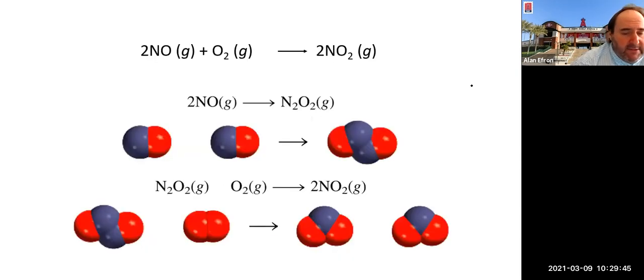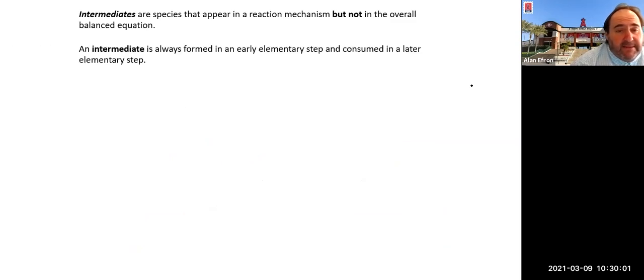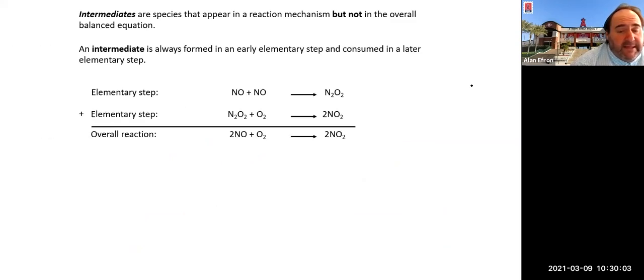And again, here, just sort of visually see what happens. We make that N2O2, then that N2O2 gets consumed along the way, not present in the overall reaction, but obviously detected along the way, which means obviously something was made. And that is basically the definition of an intermediate. An intermediate is really something that is made in a reaction mechanism early on in an earlier step.